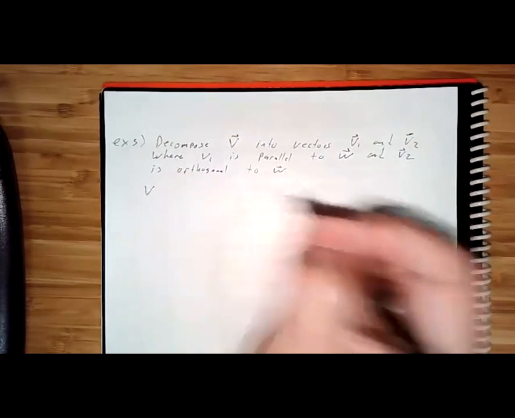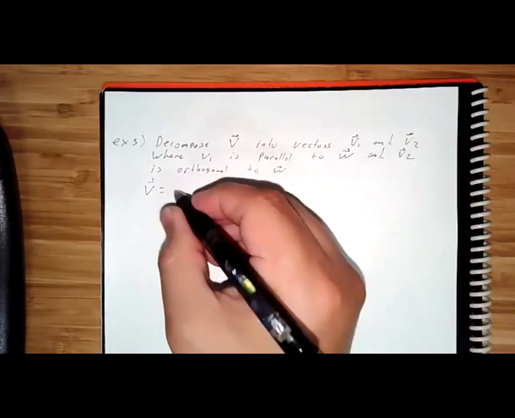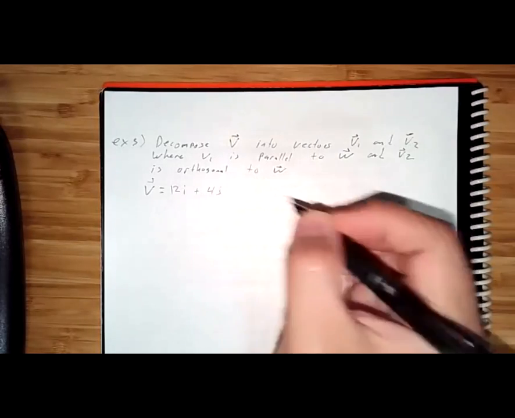Okay. Decompose. I think it's fine. So V would be 12i plus 4j.